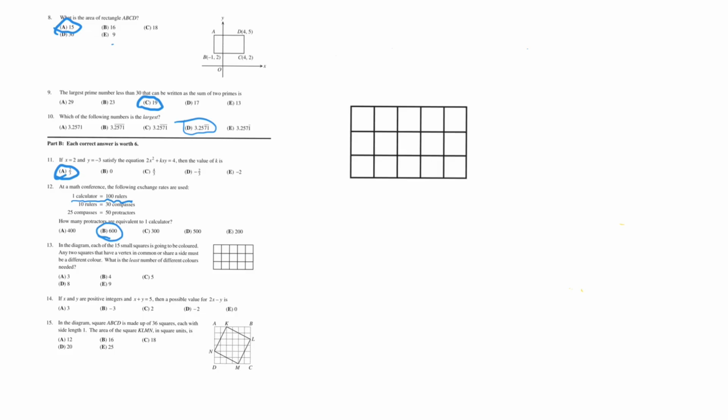Now we need to fill the color, but they have the restriction. Like this is the shared vertex. All the shared same side cannot be the same color.